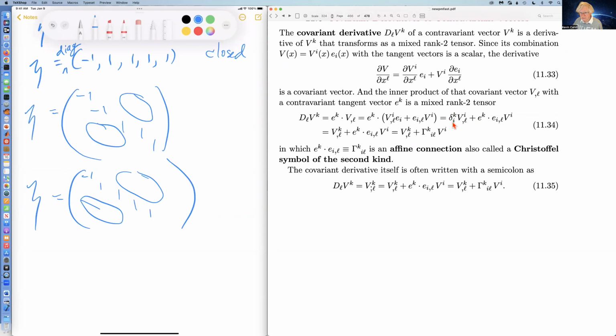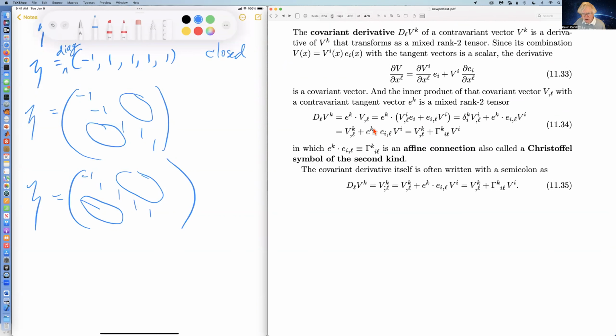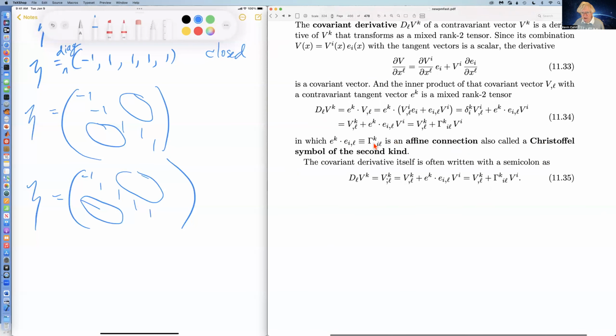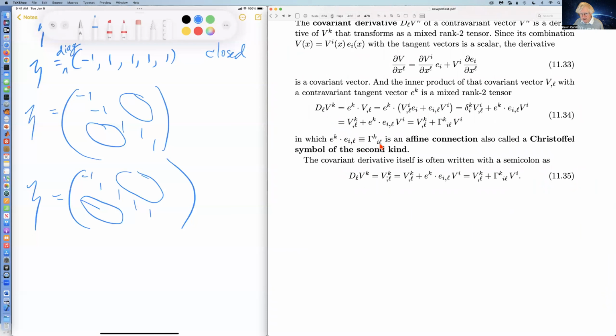And summing over I from 0 to 3, we replace I with a K. And so we have the nth derivative of V K plus V I summed from 0 to 3 and multiplied by the inner product of the kth cotangent vector with the nth derivative of the ith tangent vector. Well, that is a structure that has traditionally been called a Christoffel symbol of the second kind or an affine connection. It's written as gamma with one upper index, namely this one, and two lower indices, that.